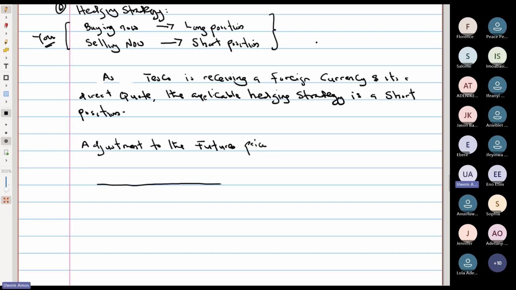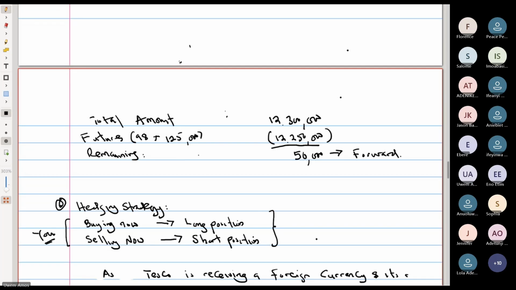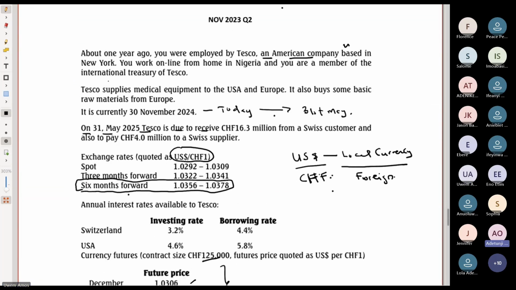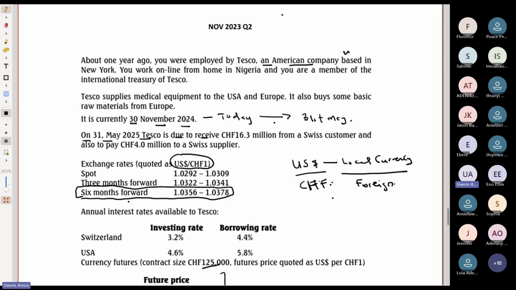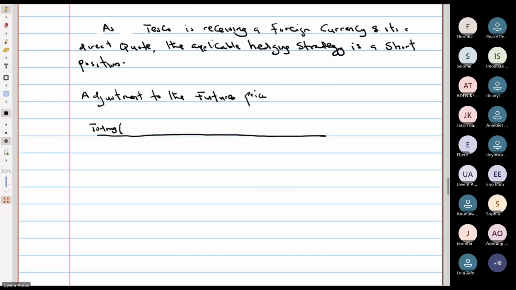Let me just draw a quick line to explain that. So today, what is today? In our question, it's the day we're trying to make this decision: November 30th, 2024. So that's today.